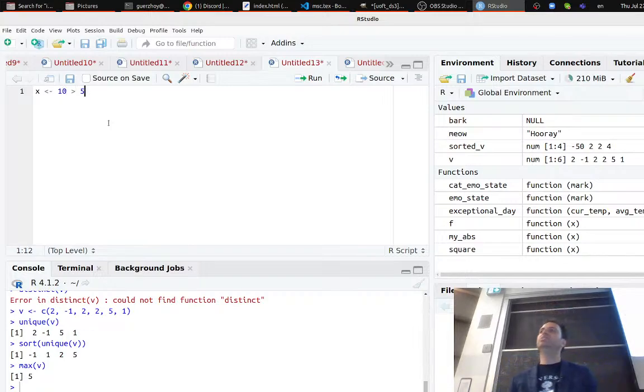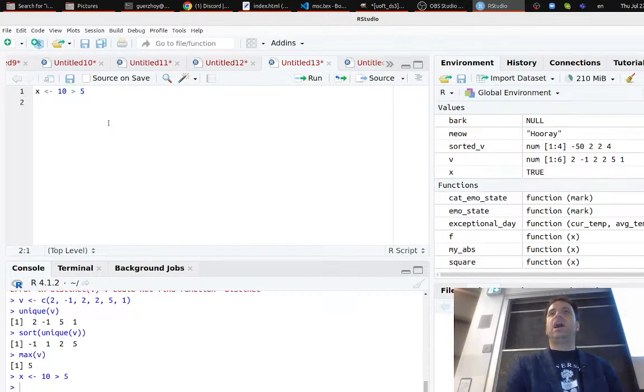What is x? Anyone? True. Yes. So 10 greater than 5 is a logical expression. It's either true or false. It happens to be true. So this is saying evaluate this, this is true, and put it in x. So I run it, and now x is true.